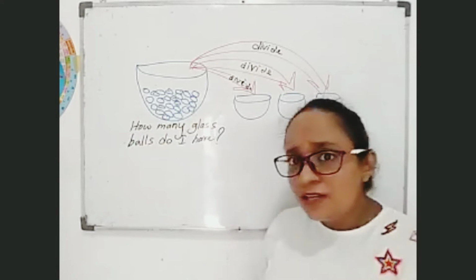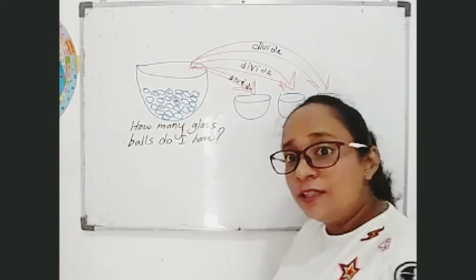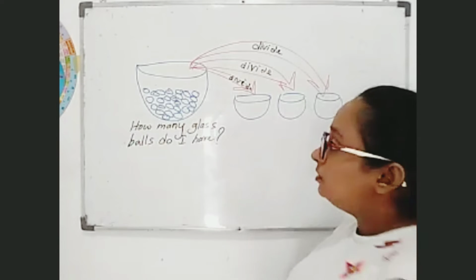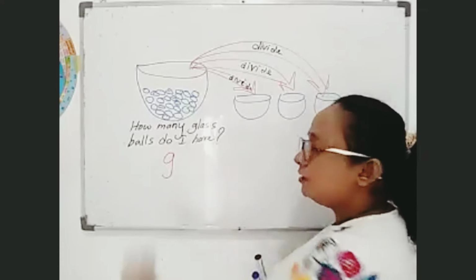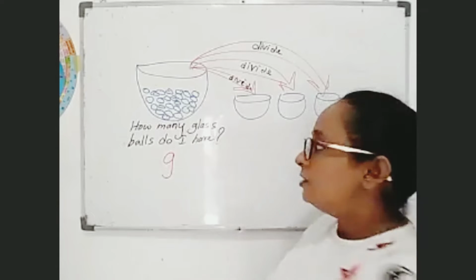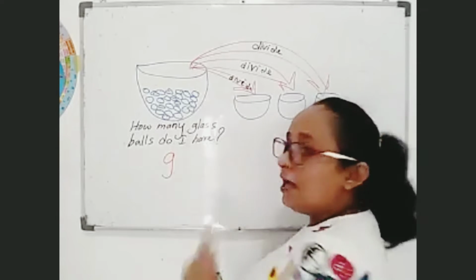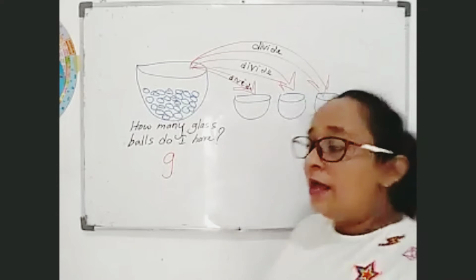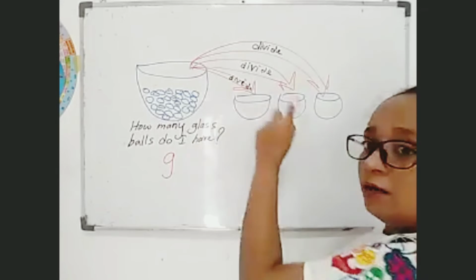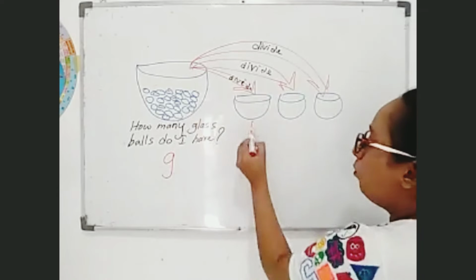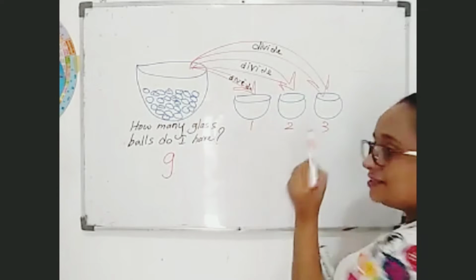Because I don't know, I will consider that I have G number of glass balls. So the number of glass balls I have is G. And that amount I'm going to divide into 1, 2, 3 vessels.